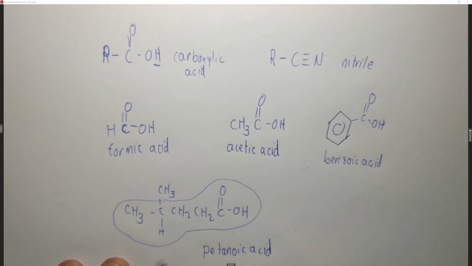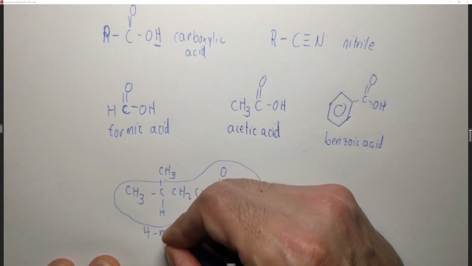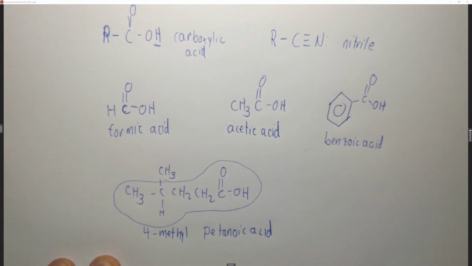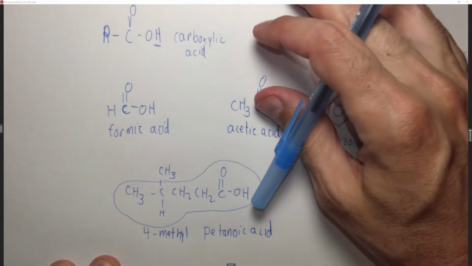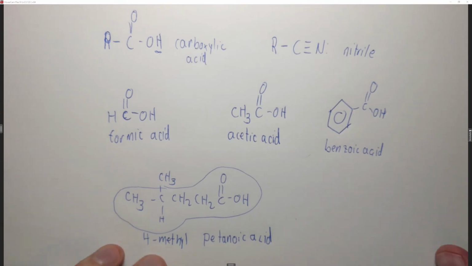So if it was just a 5-carbon chain, we'd call it pentane, but because it's a carboxylic acid, we call it pentanoic acid. And this is carbon 1, 2, 3, 4. This is a 4-methyl pentanoic acid. So we would add oic acid to the name of the longest chain, and we use the usual names for those. So that is basically the names of carboxylic acids.